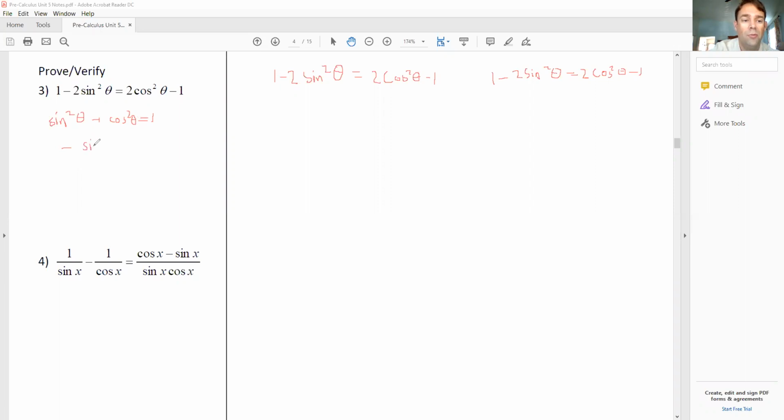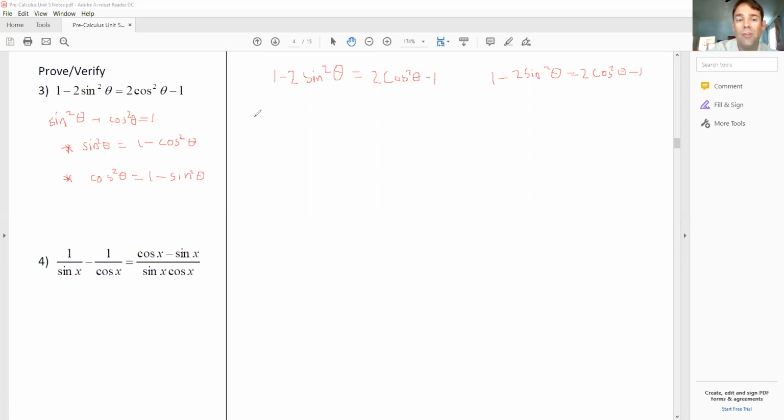So sine squared theta equals 1 minus cosine squared theta. Remember, these are the two extra corollaries of the Pythagorean identities I told you probably want to add to your formula sheet, because we will use these two quite a bit. If you were getting cosine squared by itself, you'd have 1 minus sine squared.